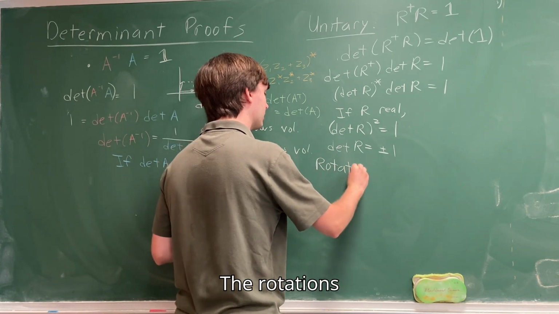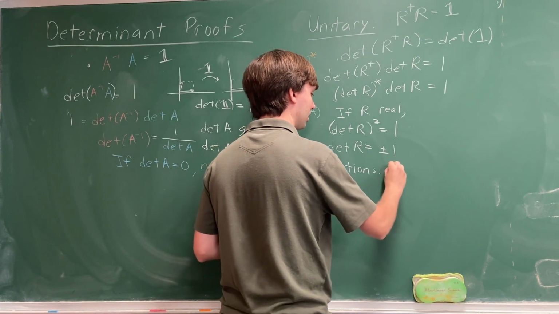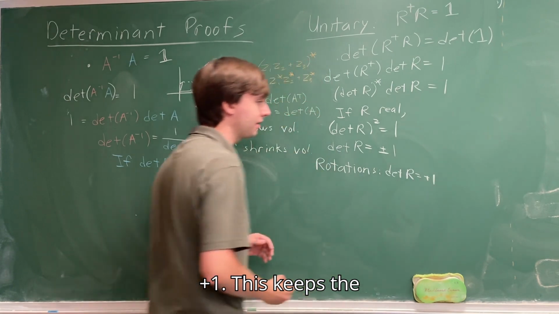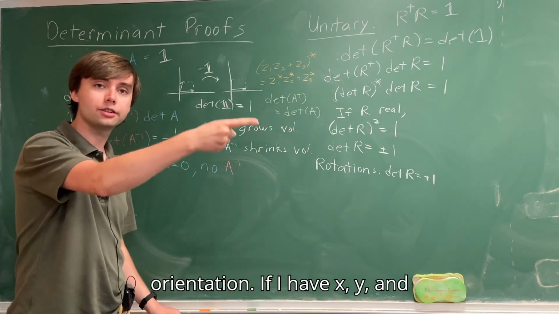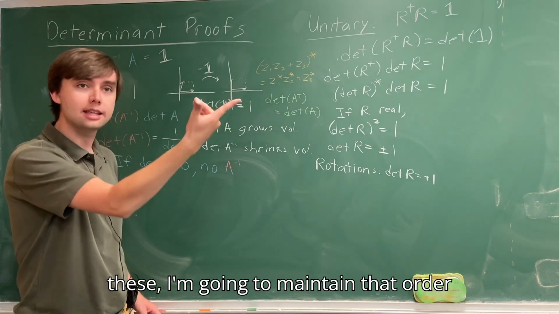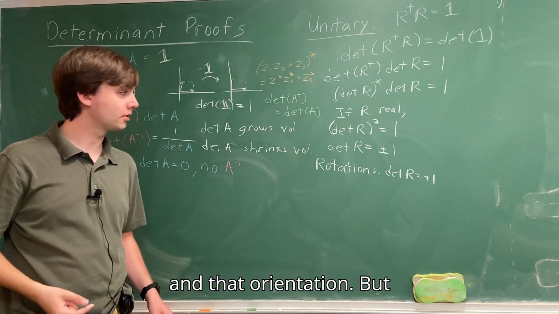The rotations are the ones where the det is plus 1. This keeps the orientation. If I have x, y, and z in a certain order, as I rotate these, I'm going to maintain that order and that orientation.